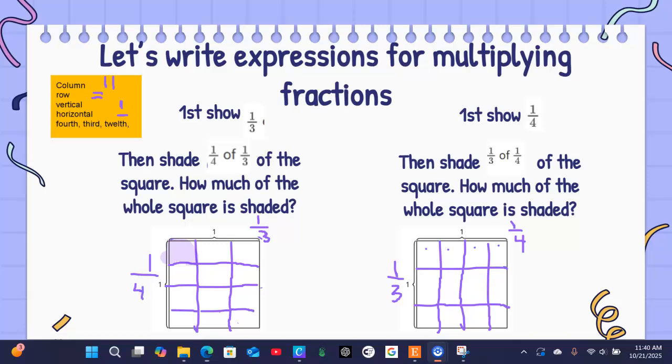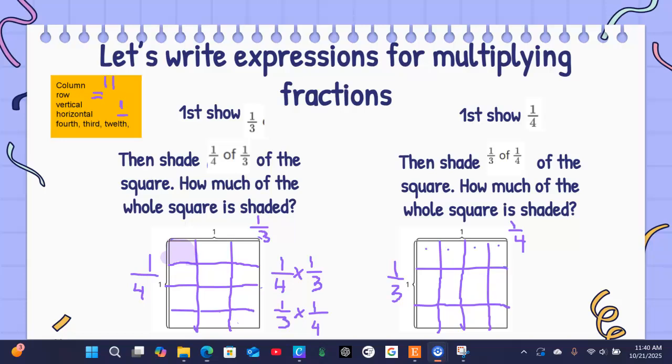Now it's time to write the expression for both of these. So we'll have 1/4 times 1/3. And here's what I want you to see. I could write 1/4 times 1/3, and I could also write 1/3 times 1/4 because I partitioned with 1/3 first.